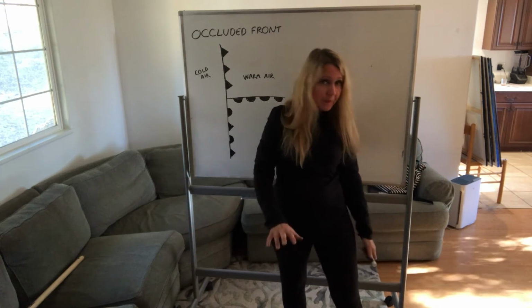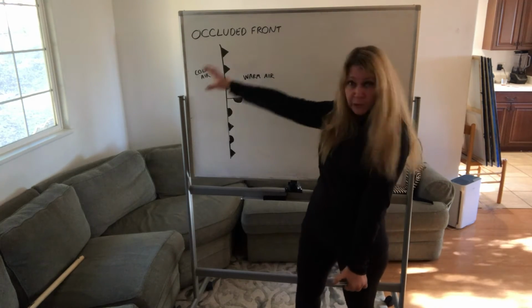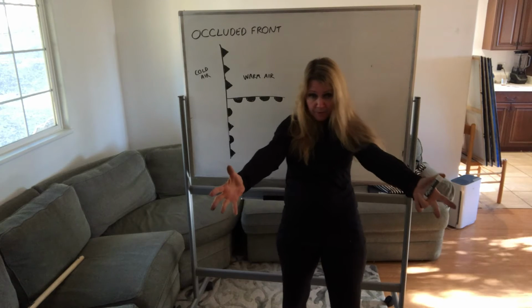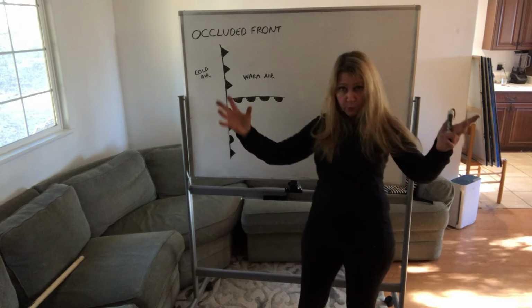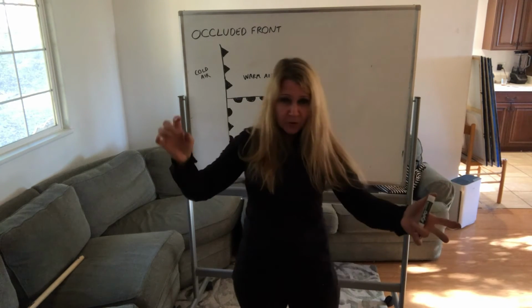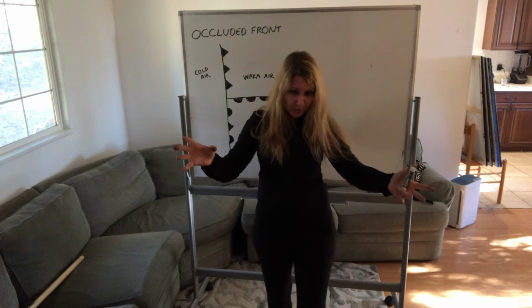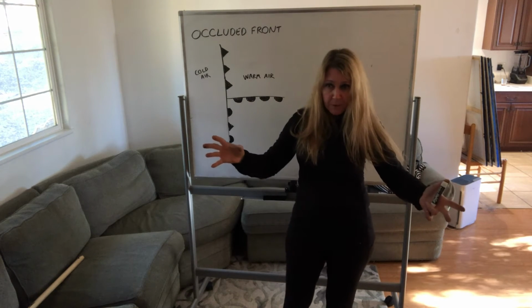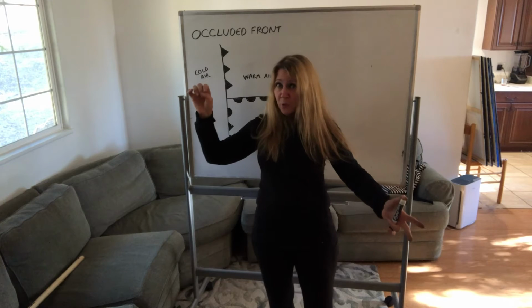We have what is called an occluded front. So this is when we have cold air and warm air coming in. The cold air is moving faster though. So it moves faster, it pushes the warm air up.